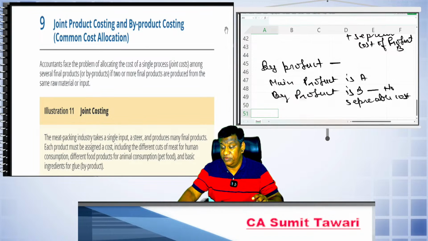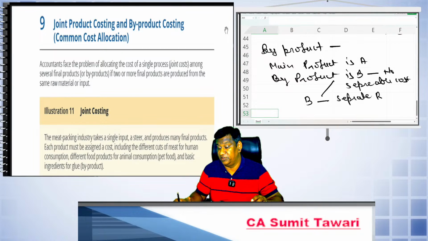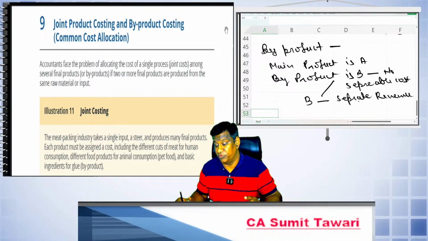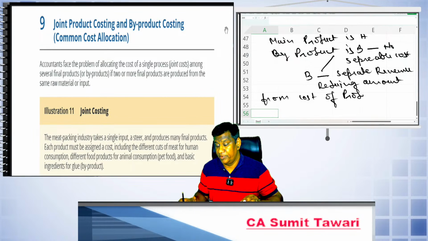And whatever the revenue generated because of B, that amount we are not considering as a separate revenue. Means in financials we need to show it as a separate revenue, but we are not going to consider it. We are reducing that amount from the cost of production of A. Okay, so this is the case.